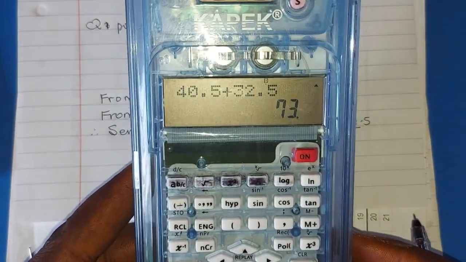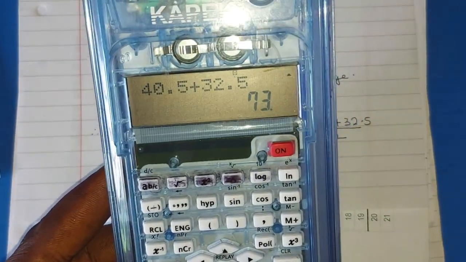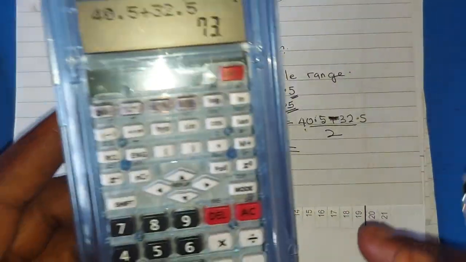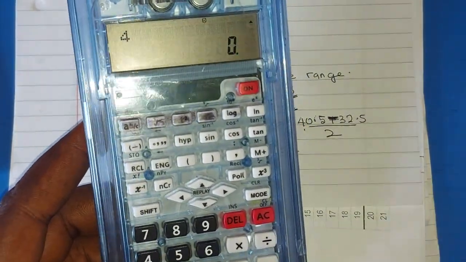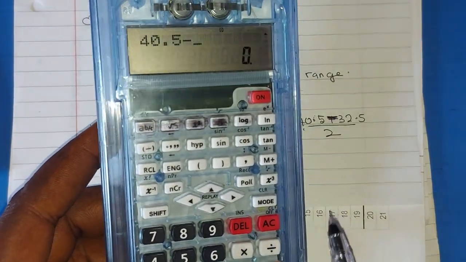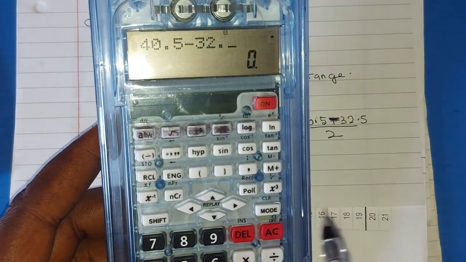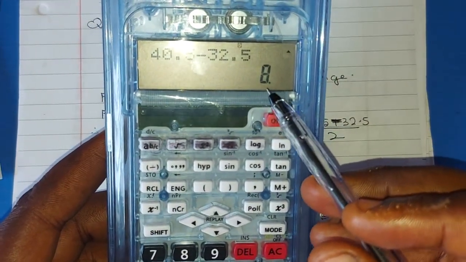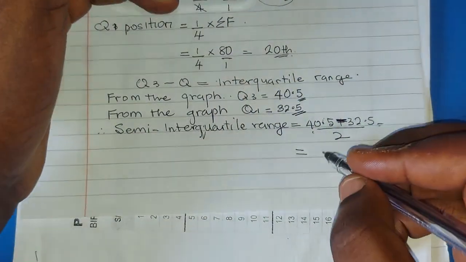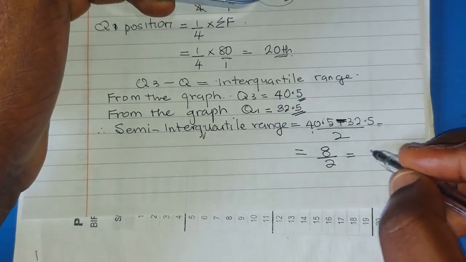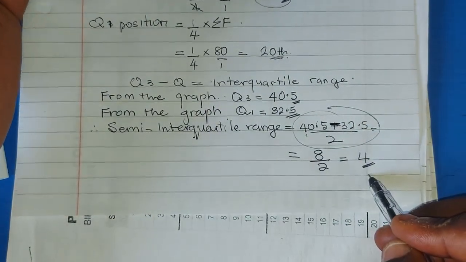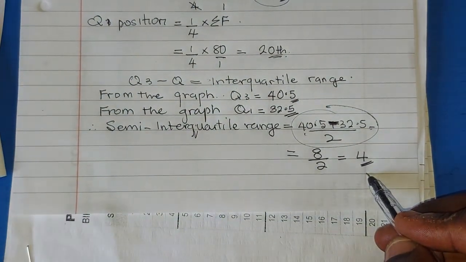This is minus, that's silly of me. 40.5 minus 32.5 is 8, so that will give us 8 over 2, and that is 4. So the semi-interquartile range is 4.